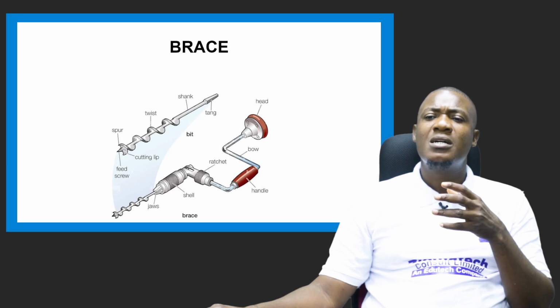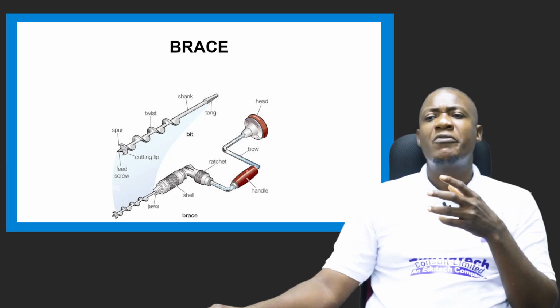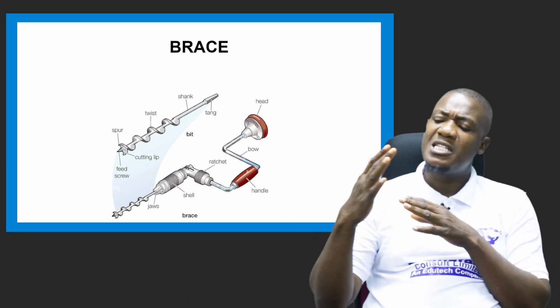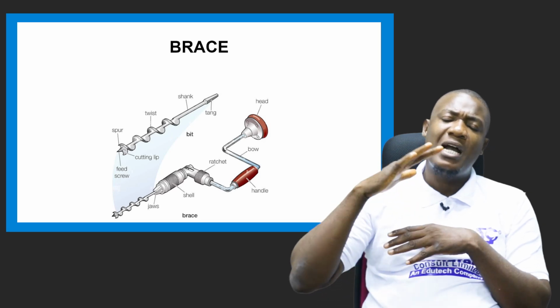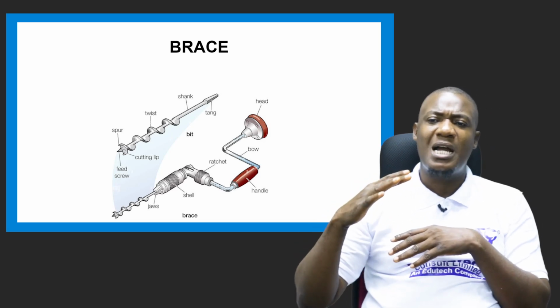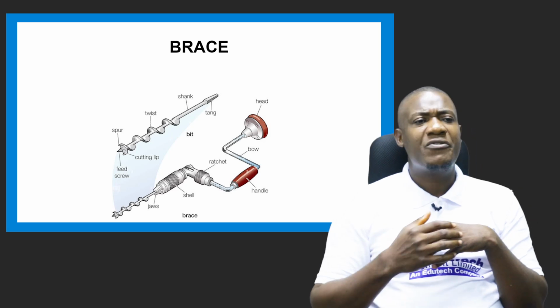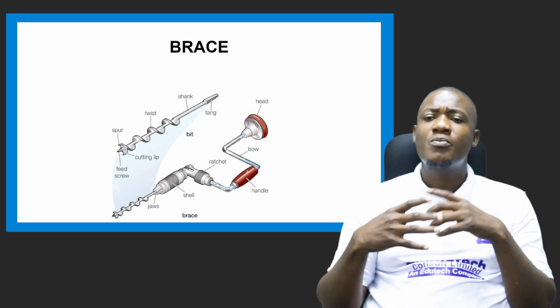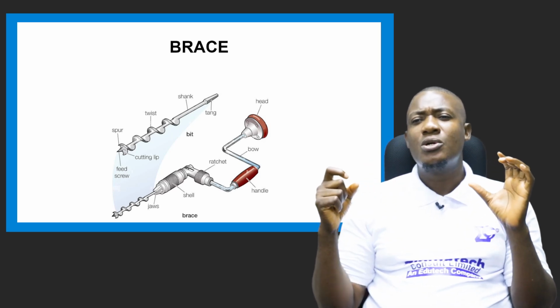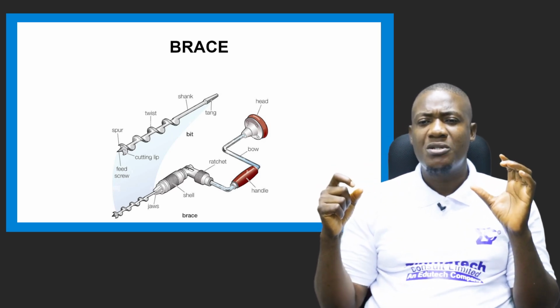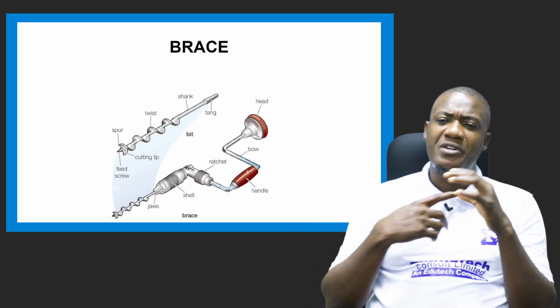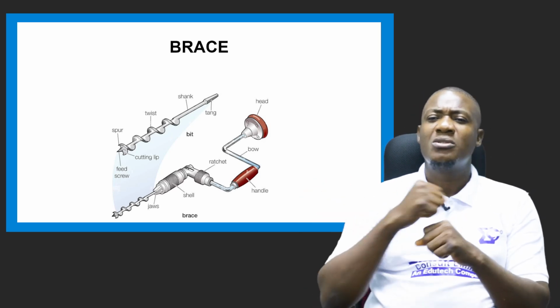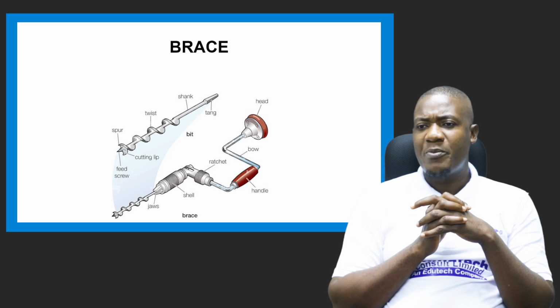The ratchet brace is made up of the head that is built in such a way that your hand can fit in on the head of the ratchet brace, the handle, the ratchet itself, and the jaw, or you can call it the chuck. That is where the fang of the drill is fixed so that drilling operation can take place.